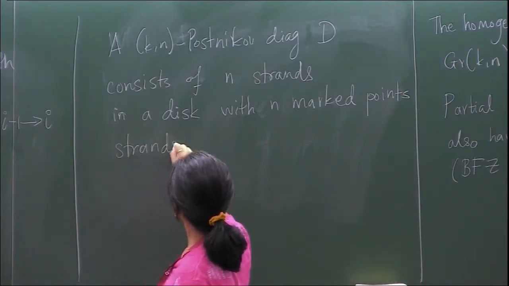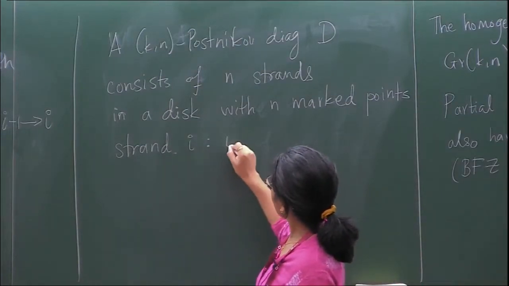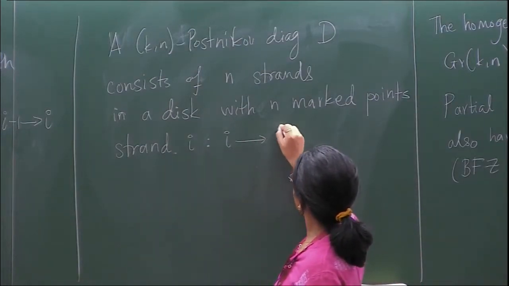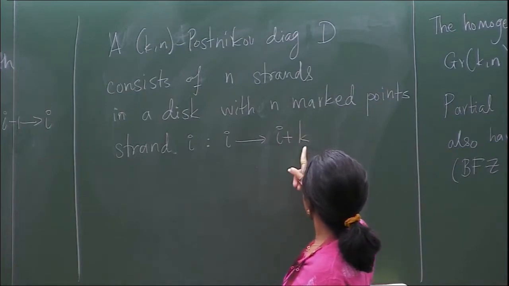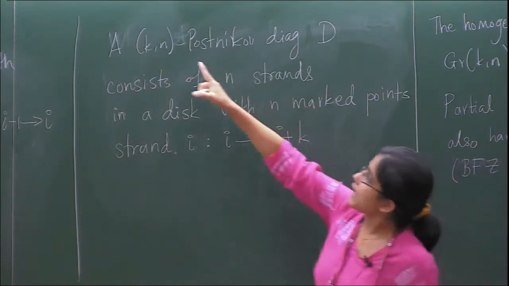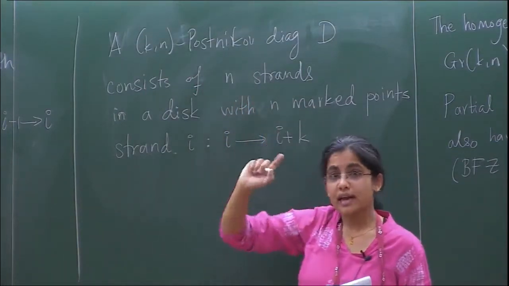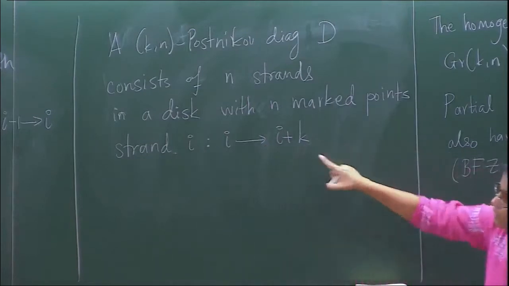The strand i goes from i to i plus k. This k comes from here: a (k,n) Postnikov diagram will be associated to Gr(k,n). So that's the k.